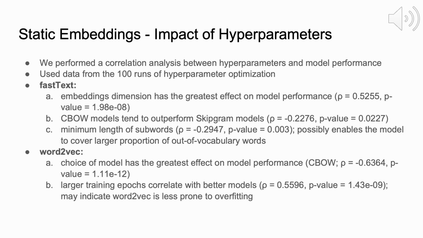For word2vec, the choice of model had the greatest effect on performance, with again continuous bag of words producing the best results. Interestingly, larger training epochs correlate with better models, which may suggest that word2vec is less prone to overfitting and thus relatively robust for training on small corpora.